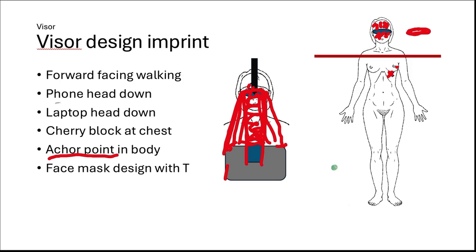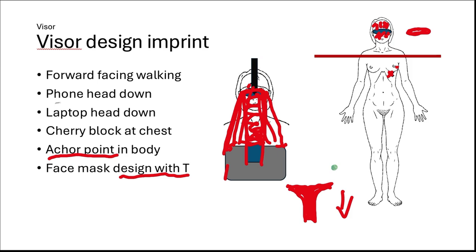Another thing is that the face mask is like a T design. So the physical design pattern, as well as the flow of the energy, is in that shape, with the energy flowing down over the face.